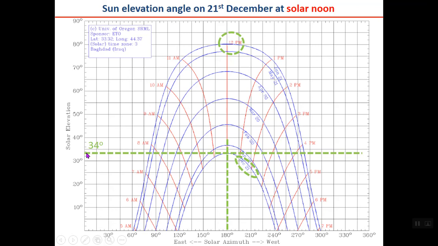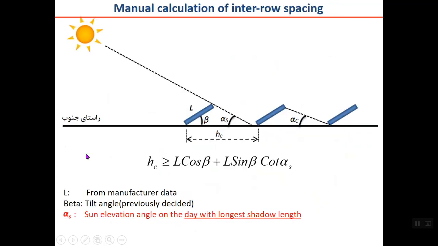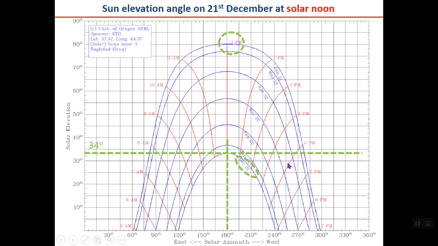The meaning is that on 21st of December at solar noon in Baghdad, the sun elevation angle is 34, and this is alpha S actually. So alpha S in Baghdad for the winter solstice, which is 21st of December at solar noon, is 34 degrees. So you can take 34 here for the value of alpha S.